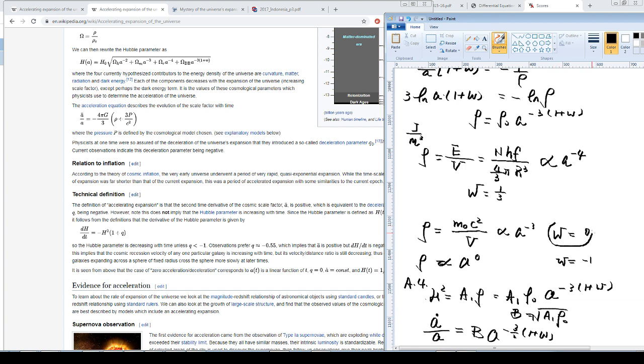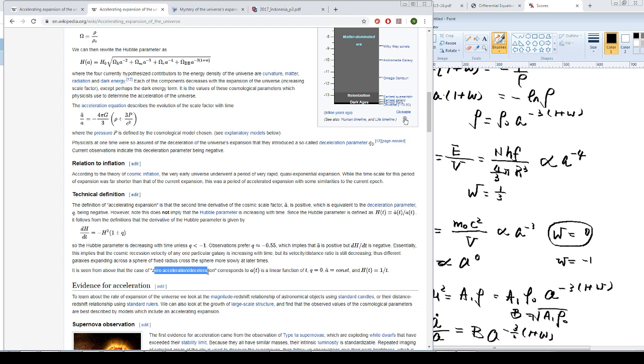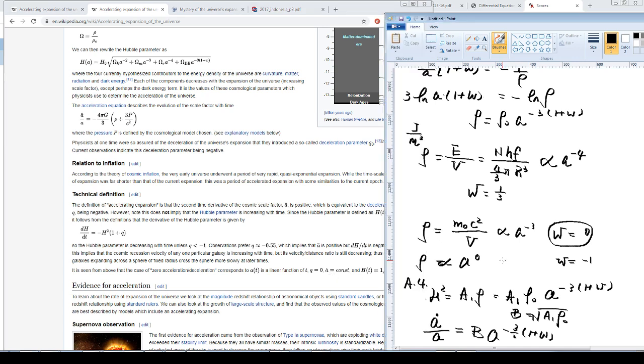So I would say this is the neutral state. This has to be neutral. That's right, that's the zero. That's when the total mass is conserved. There is no increase or decrease in mass. A dot is a constant. A double dot is zero.